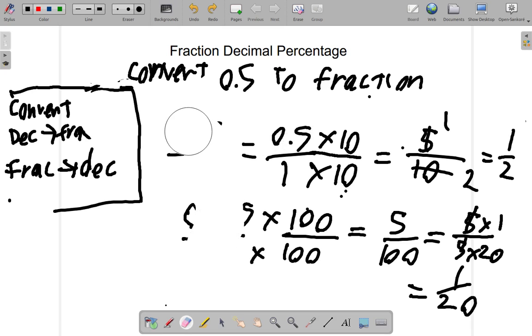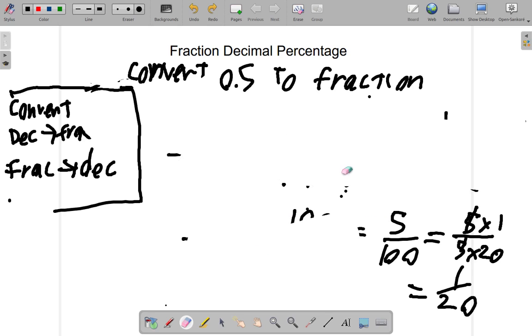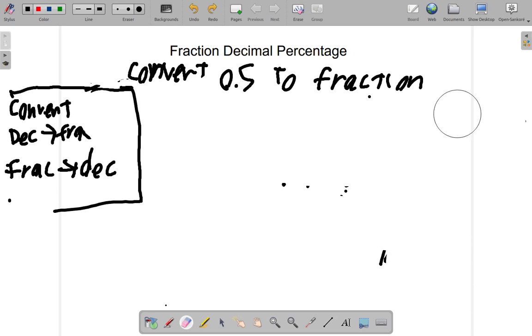Let's look at another example. We're going to convert another decimal to a fraction and see what happens. Let us convert 0.25 to a fraction.